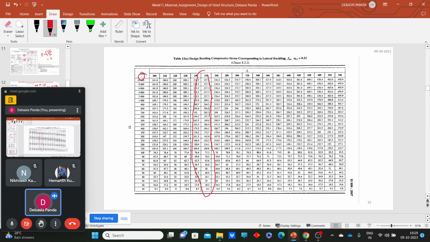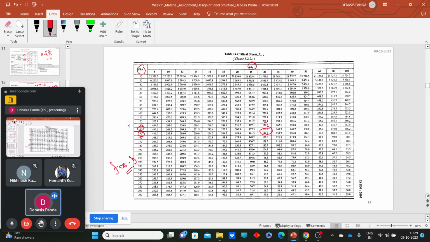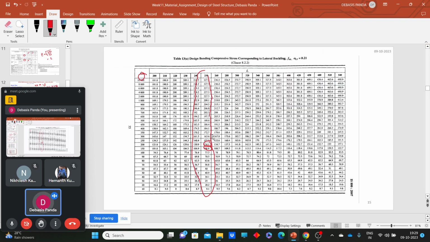So for 150 we have 106, and for 200 we have 134.1. So directly you can consider that 106.8 for the design purpose, or else you can do the linear interpolation. If you do the linear interpolation, the value will come as 109. On the other hand, if you consider the direct value here, that value is nothing but 106.8. So there is a little difference.